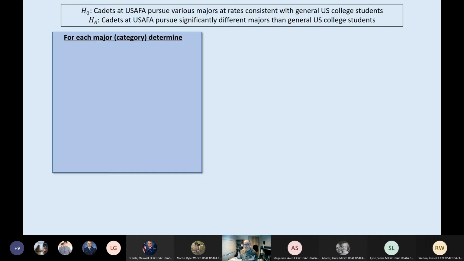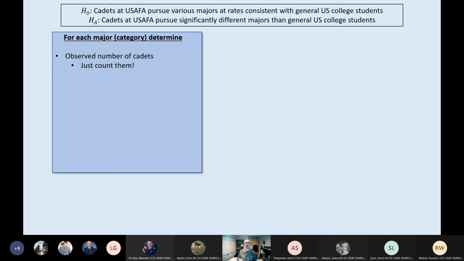If I wanted to say, is the distribution of ethnicities at USAFA the same as the distribution of ethnicities across other colleges, I could do the same thing. I would just be, instead of looking at the different majors, looking at the different ethnicities. So we're doing major here, but it's for whatever categories you have decided that you're investigating.